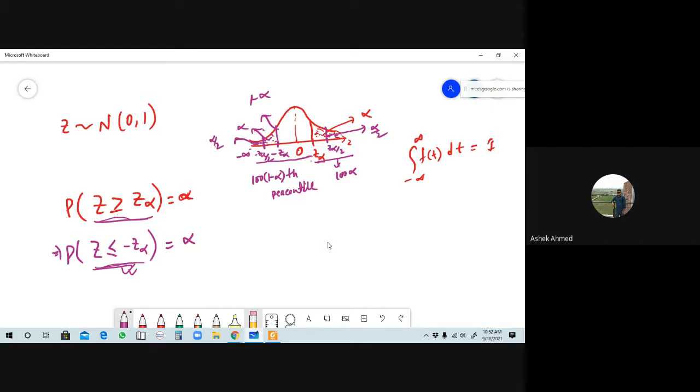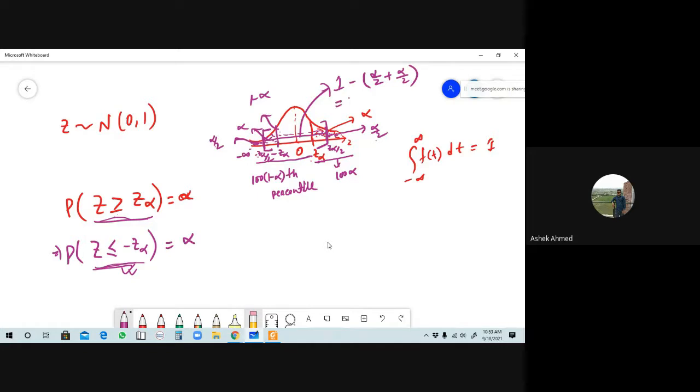So we want to determine the area between this point and this point. The total area is 1. If we want to find the area between minus z sub alpha by 2 and plus z sub alpha by 2, that means this portion, the area will be 1 minus the left part area, which is alpha by 2, plus the right part area, which is alpha by 2.